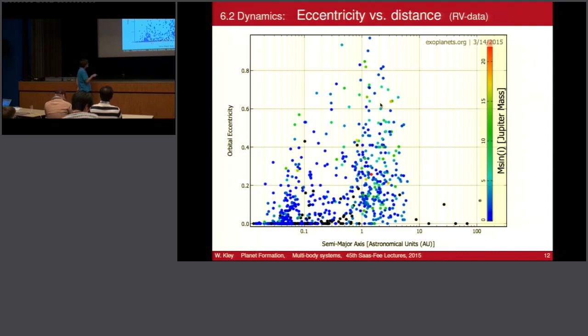And in color, you have also the mass of these planets. So we can see these exoplanets have very high eccentricities. If you compare this to the solar system, which is very different, in the solar system they're all lounging around here at the bottom, and here we reach even, I think, 0.93 or something. This is the highest eccentricity that is observed. I will come back to that system later on.